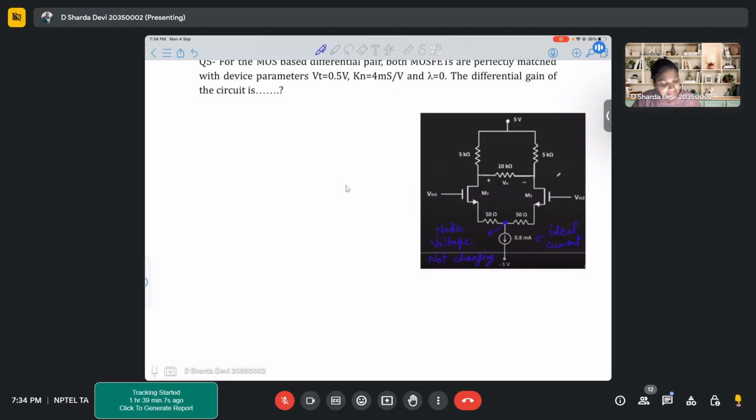An ideal current source means your current is constant through that circuit, and also the voltage drop across that current source will always remain constant, which makes this node voltage constant. So this node voltage will never change.